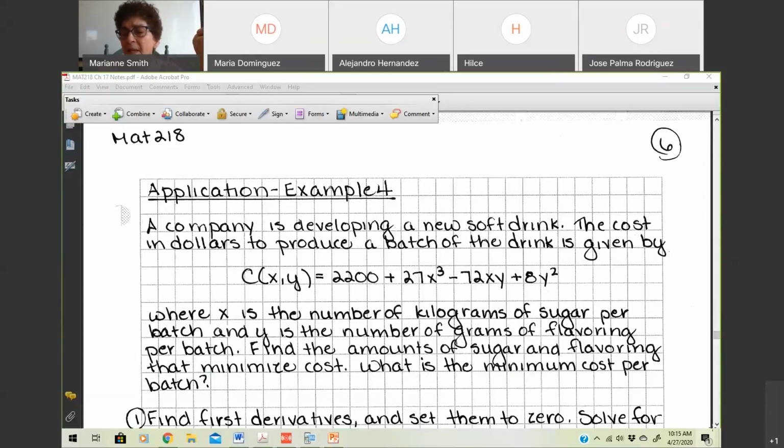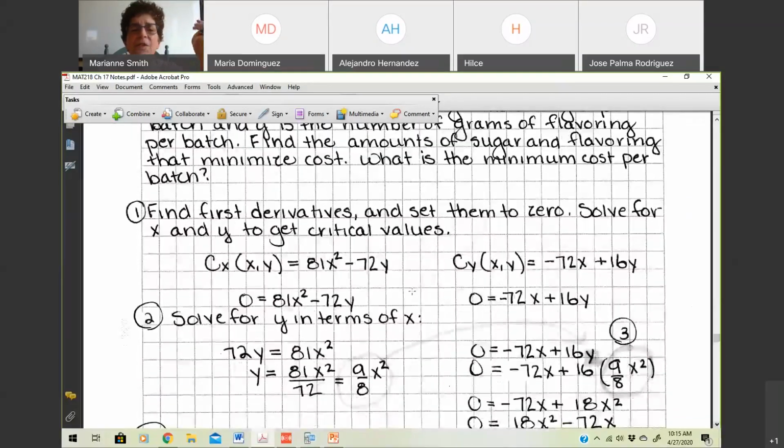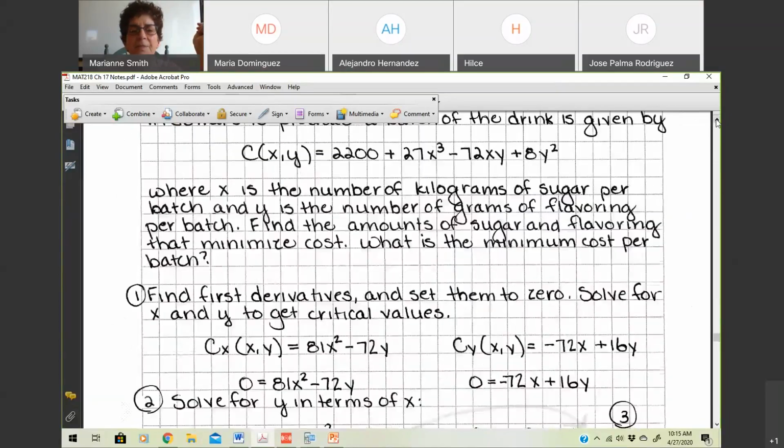So if I want to find a minimum or a maximum, I take my first derivatives and I set them to 0. So take a look at this function up here. If I'm differentiating with respect to x, I'm only going to get something out of these two middle terms. So 3 times 27 is 81, drop the exponent on x.